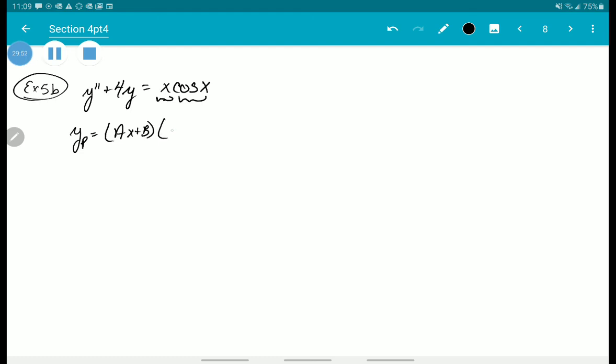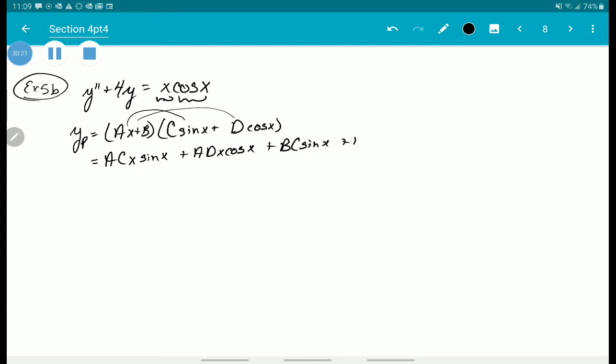Cosine could be expressed in terms of sines and cosines. So we would have c sine of x plus d cosine of x. If we were to multiply this out, we would have AC x sine of x plus AD x cosine of x plus BC sine of x plus BD cosine of x.